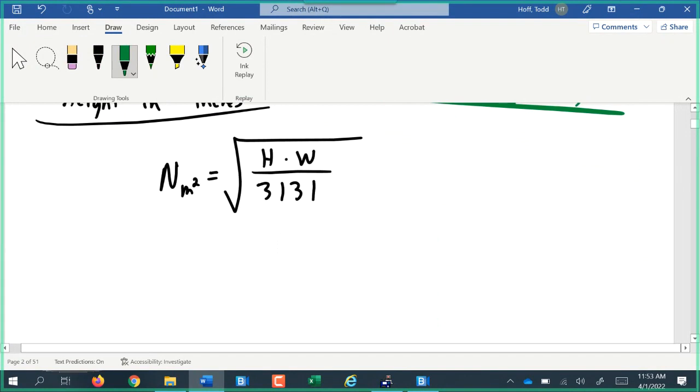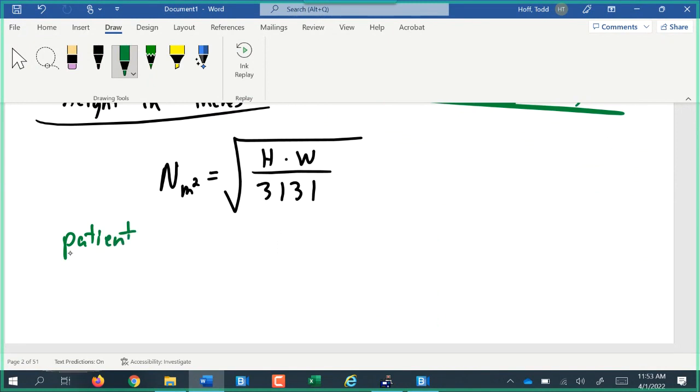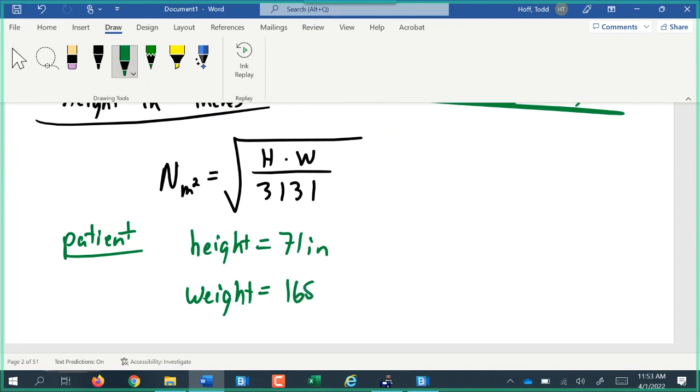So let's say that we have a patient who has a height of 71 inches and a weight of 168 pounds.